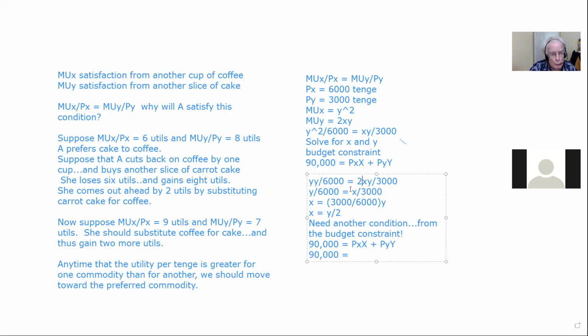So we have 2x over 3,000 equal to y over 6,000.